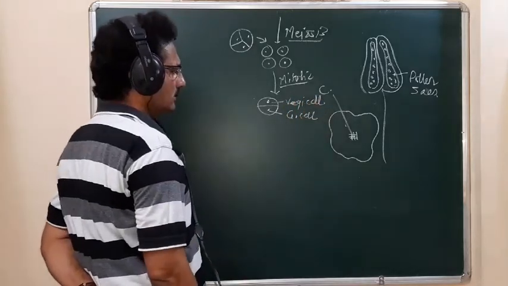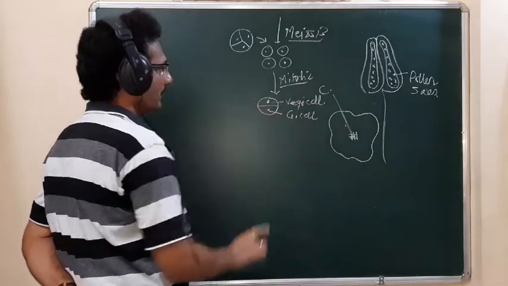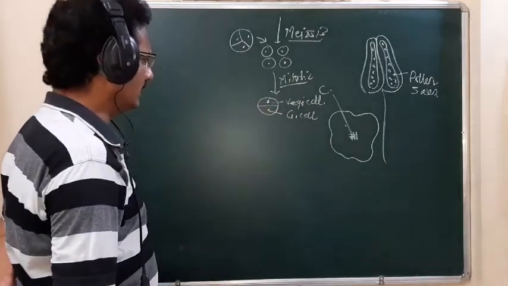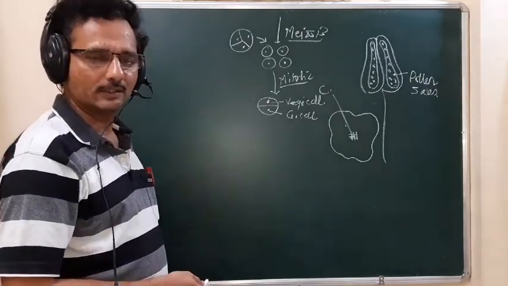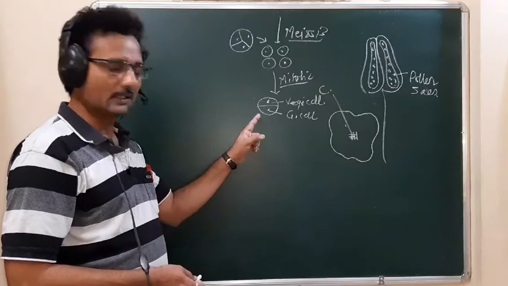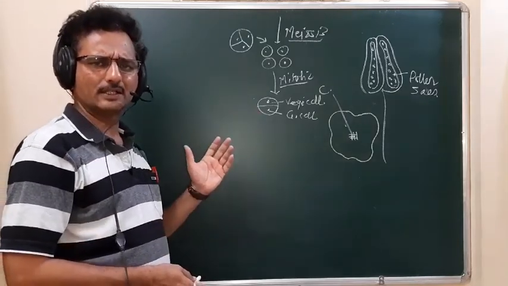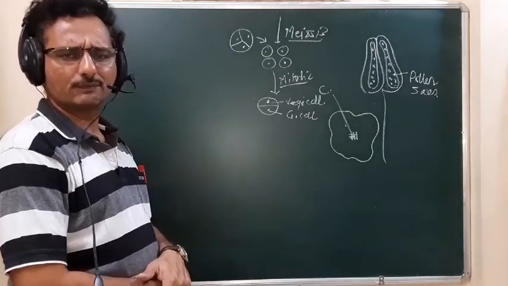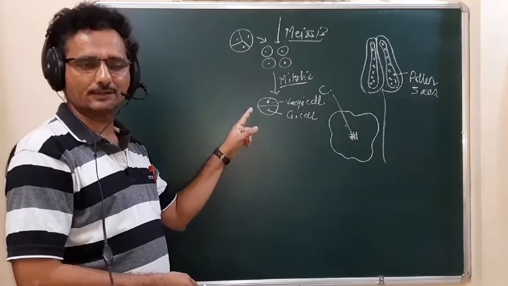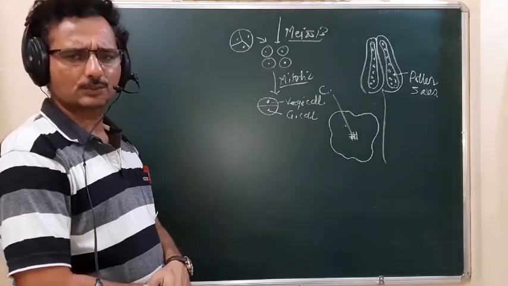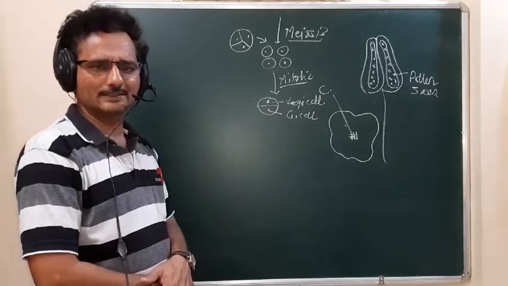So the generative cell and the vegetative cell, this is the 2-cell stage pollen, and you know, student, what happened later. In nearly 80% of angiospermic families, the pollen grains are released at the 2-cell stage, and in a few members the pollen is released at the 3-cell stage.